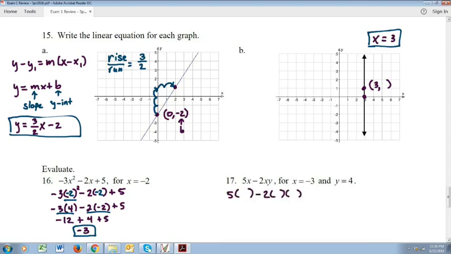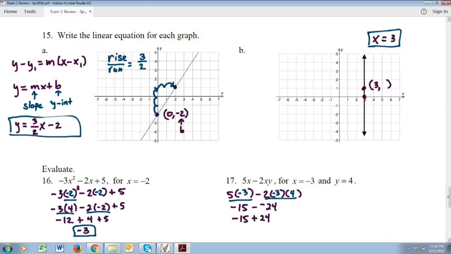Alright, let's look at number 17. So let's make a shell, and let's plug in our x and y. 5 times negative 3 is negative 15, and minus, we can multiply 2 times negative 3 times 4. We get negative 15 minus 2 times negative 3, which is negative 6, times 4, which is negative 24.